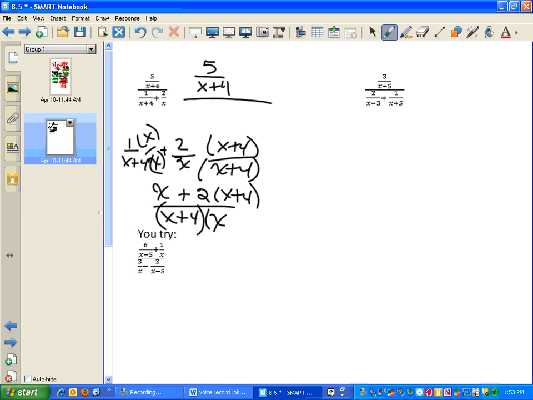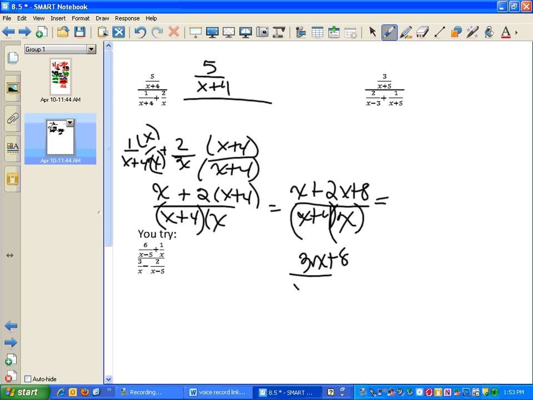Which then really becomes x plus 2x plus 8 over x plus 4 times x. All I did was put it over one denominator and FOIL. Which really is 3x plus 8 over x times x plus 4.